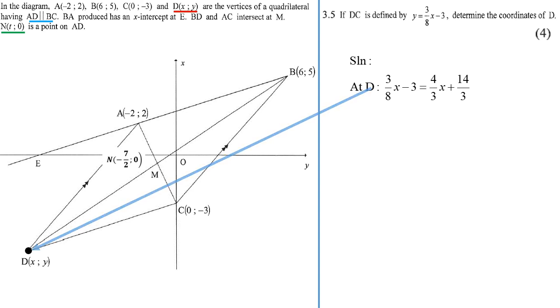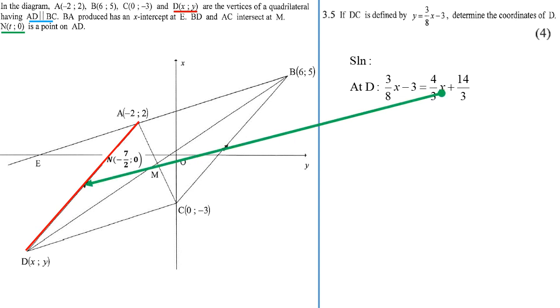That is the point of intersection. And then we have our line there, which is AD, and that is the equation for AD. And then we have our line. No, that is a wrong line. It's not supposed to be that one. This is the equation of this line. Pardon me for that. It's not for BC. It's for DC.